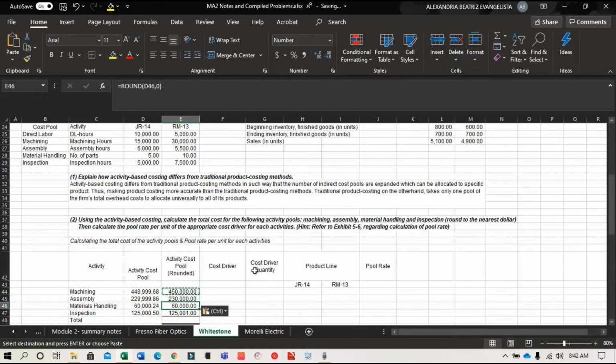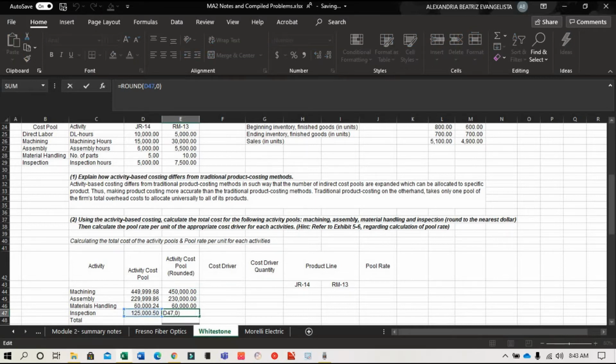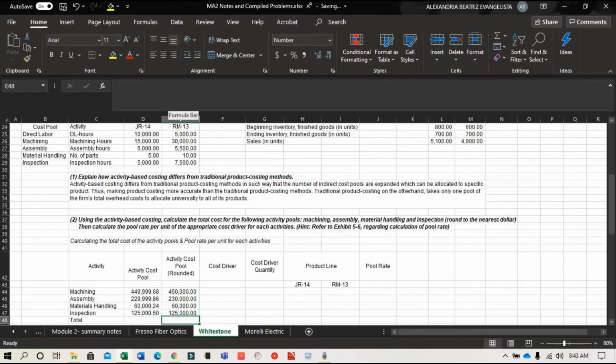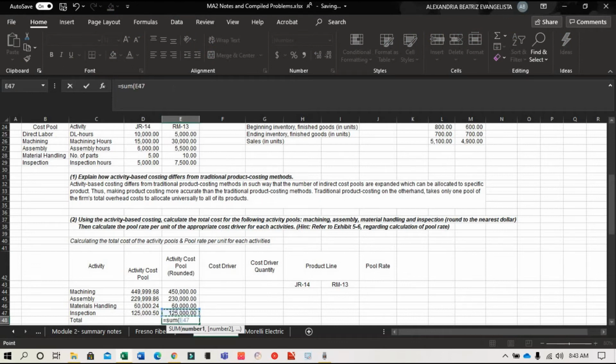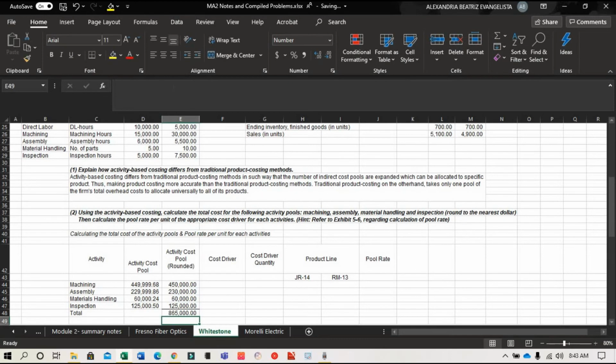For materials handling, that is 60,000. And for inspection, that is 125,000. So our total activity cost pool will be 865,000, which corresponds to the total manufacturing overhead.